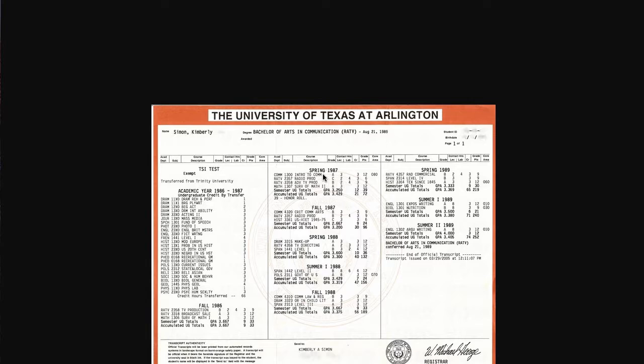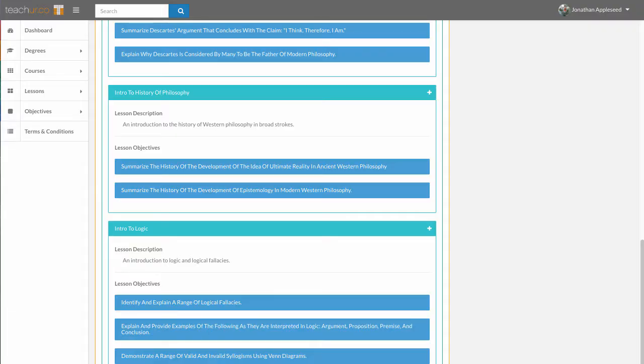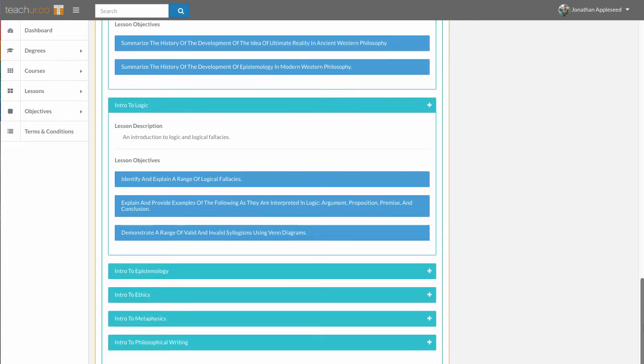Universities aren't really built to address that at the kind of granular level that we can get to in Teachur. So compare again. Here's what the conventional record looks like. It lists the courses and the grades and credit hours. And what we've got is the courses, and documentation down to the objective level of what a student has mastered.